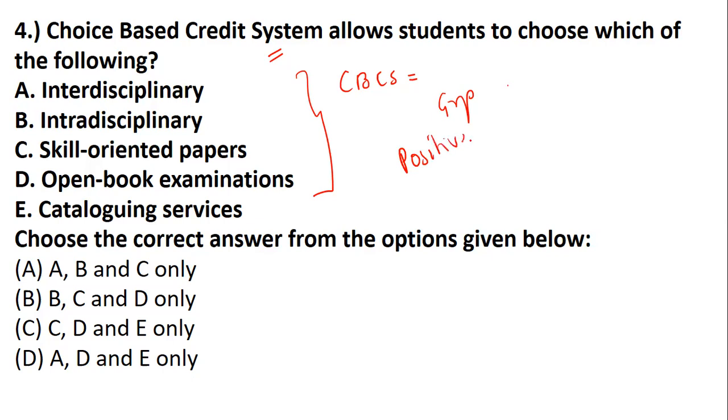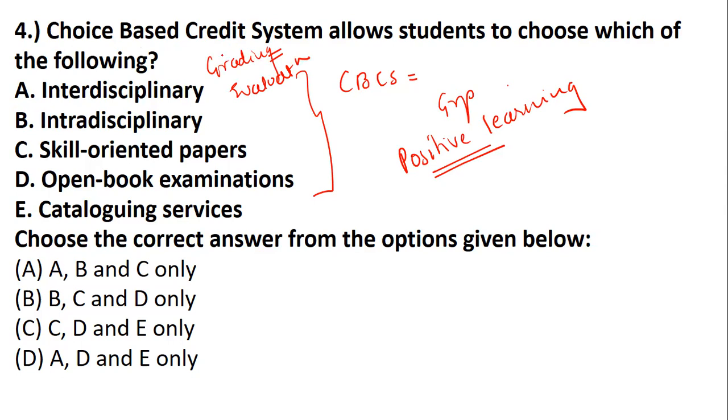So yes, the choice-based credit system tries to bring a positive atmosphere of learning. Not only this, if you see, this system is also used in grading and evaluating. Both grading and evaluation take place in it, and it is very important. You should know the performance of the students. To map the performance, this system is very, very important.